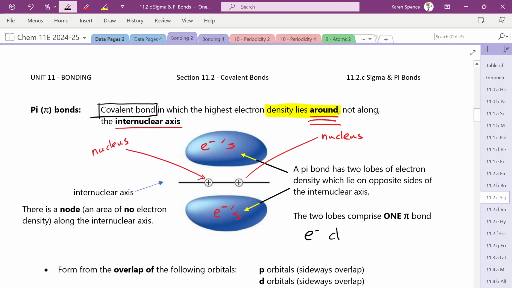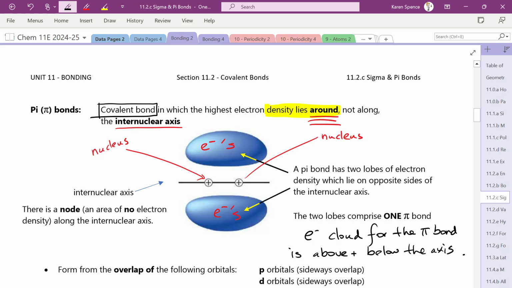So the electron cloud for the bond is above and below the internuclear axis. What do we call an area where there are no electrons? We call it a node. So does this have a node?